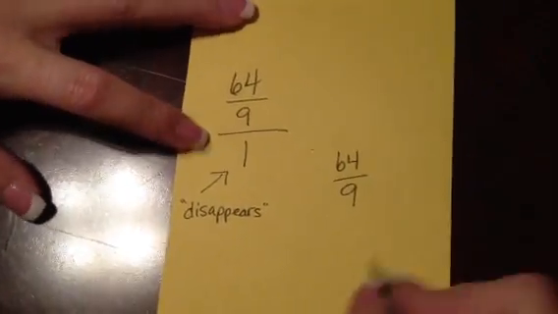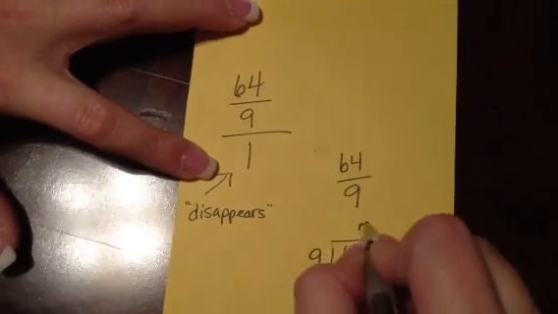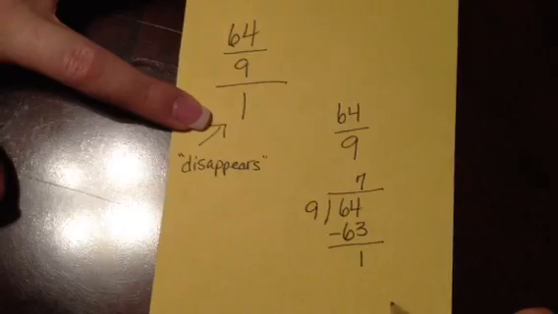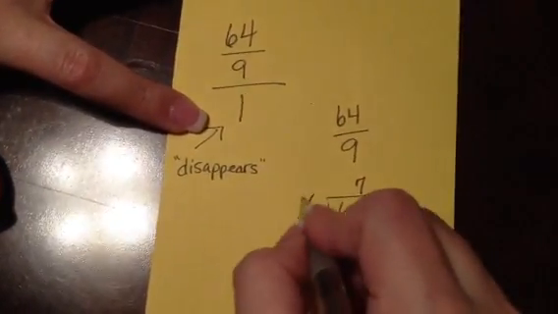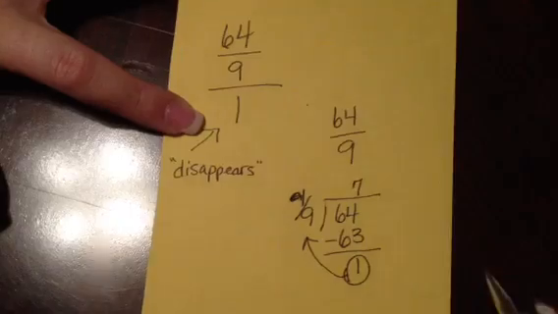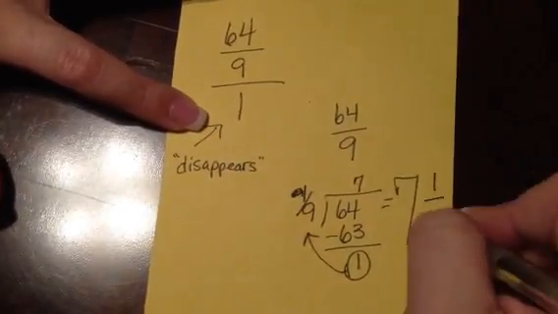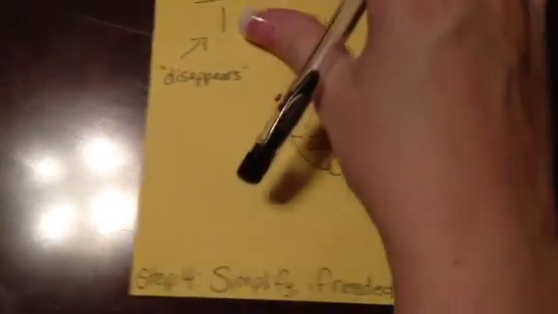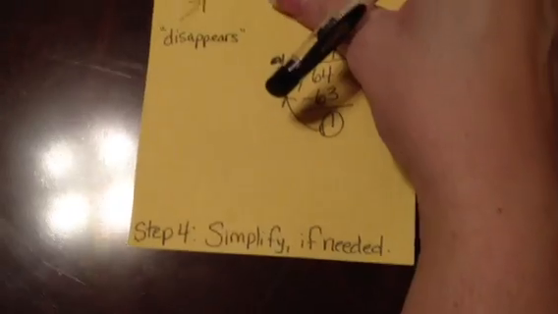Yes, because it's improper. So 64 divided by 9. And what do we do with remainders? Remainders get a boost over the divisor. So our final answer is 7 1/9.